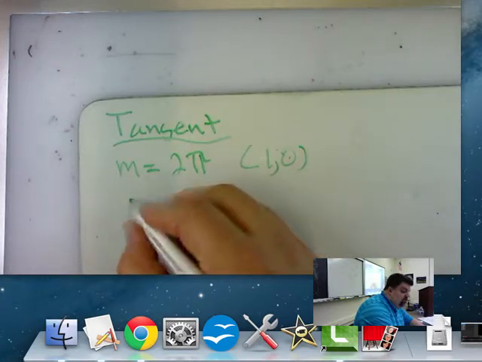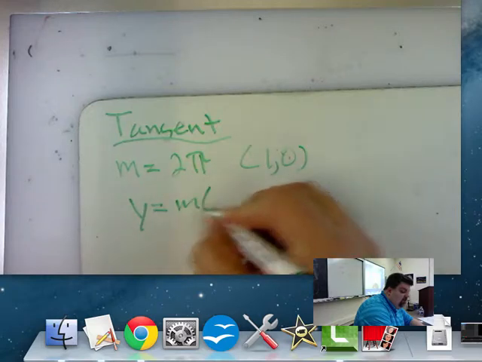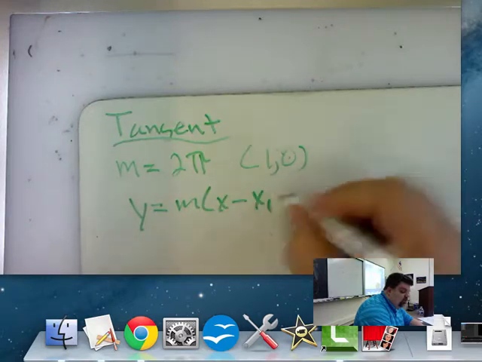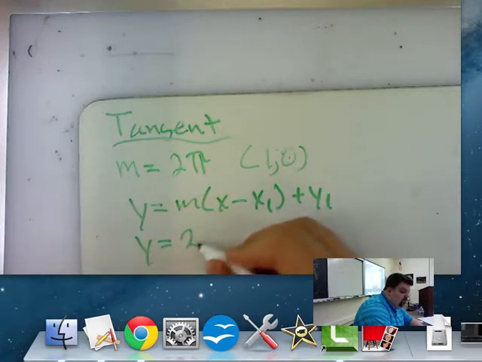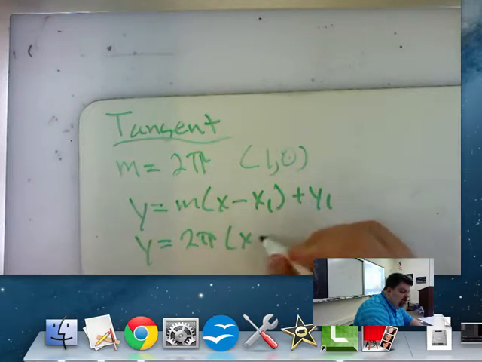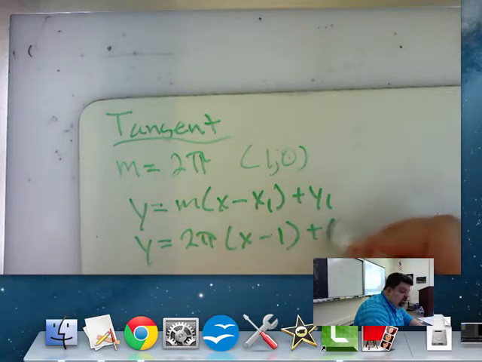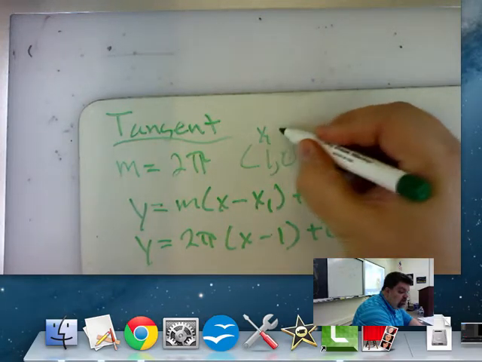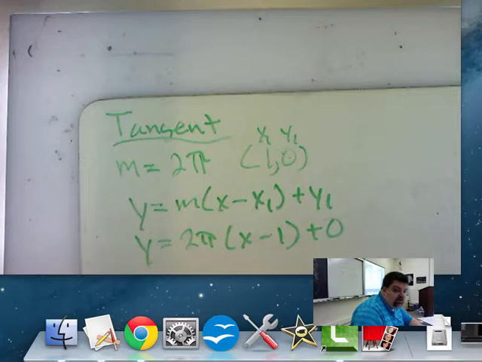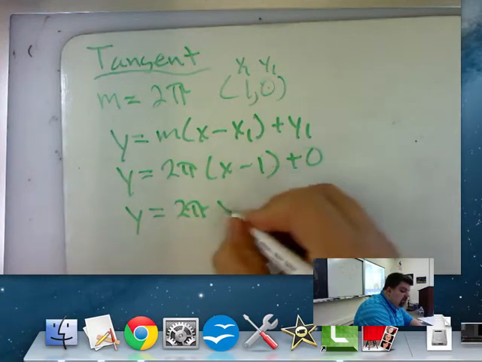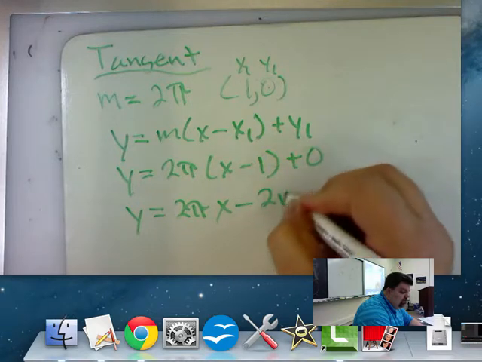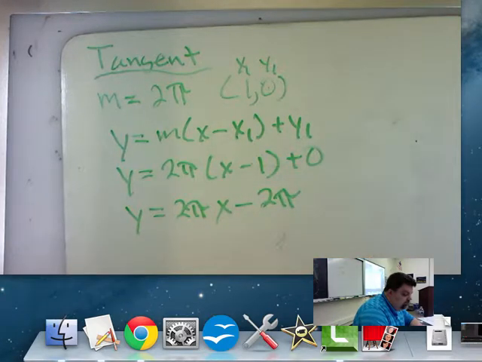I'm going to plug it in. y is equal to m times x minus x sub 1 plus y sub 1, which means y is equal to 2 pi times the quantity x minus 1, plus 0, because this is x sub 1, y sub 1. You guys with me so far? So y equals 2 pi times x minus 2 pi.